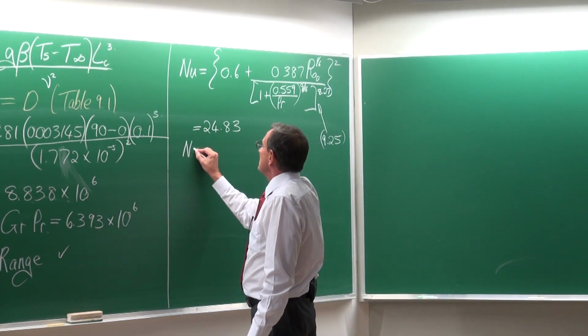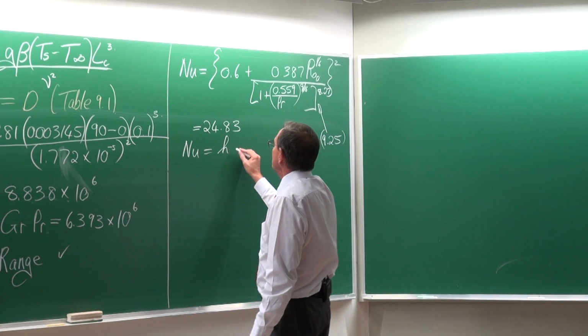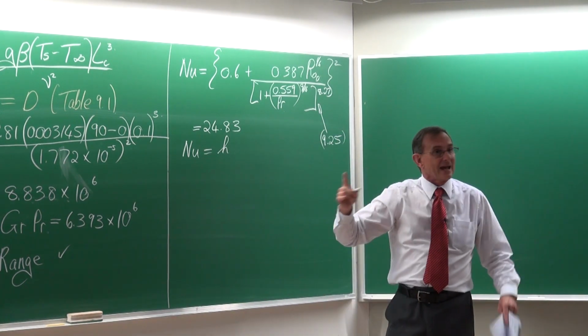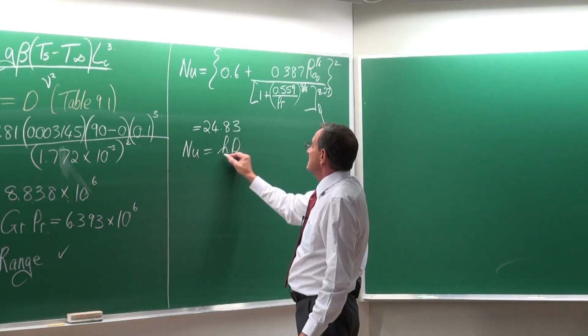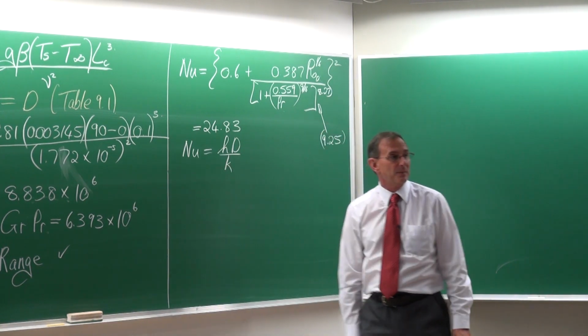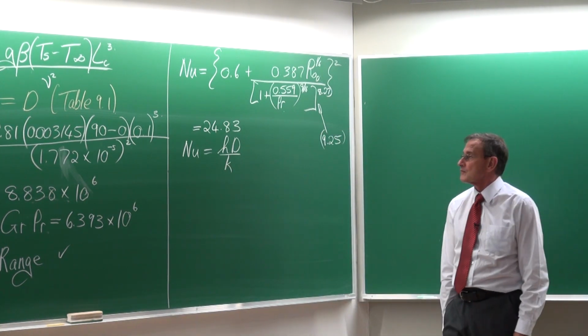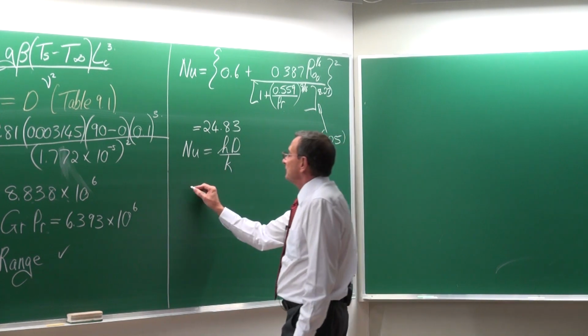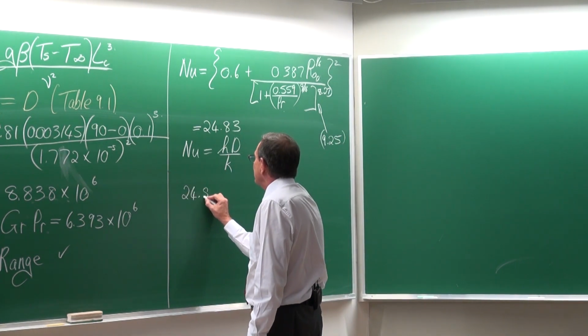The Nusselt number is equal to the heat transfer coefficient multiplied by the characteristic length, divided by the thermal conductivity. The characteristic length would now be equal to the diameter. The Nusselt number is 24.83.